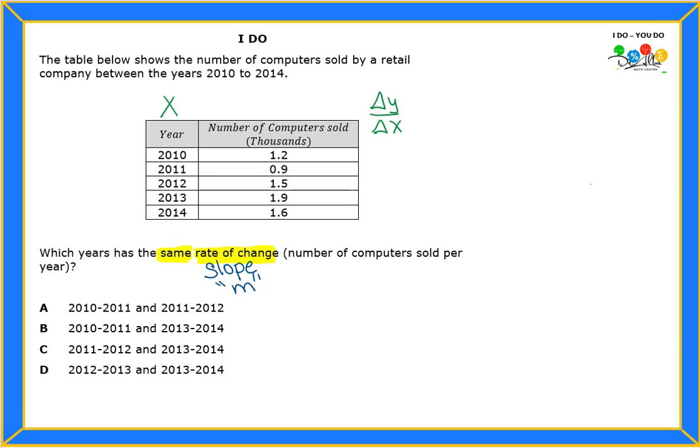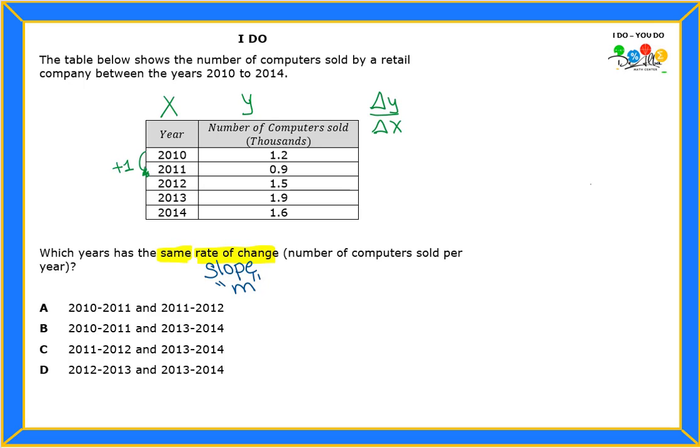Okay, so let's write some labels here. The years will be my x. The computers sold will be my y. So now I'm going to see if I can find a rate of change between these particular years. On the first one, let's look at the years. What do you notice from 2010 to 2011? Is it increasing or decreasing? And if it's increasing, by how much?